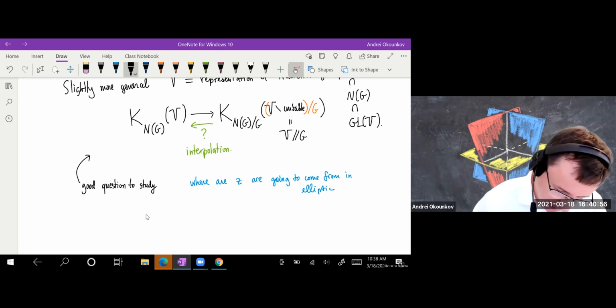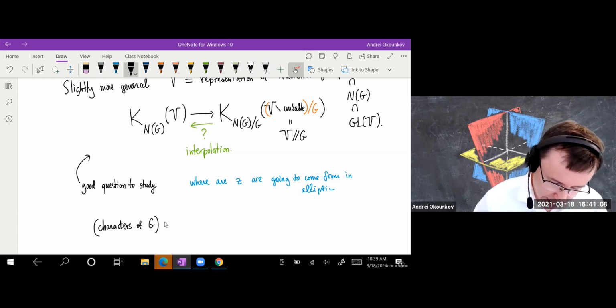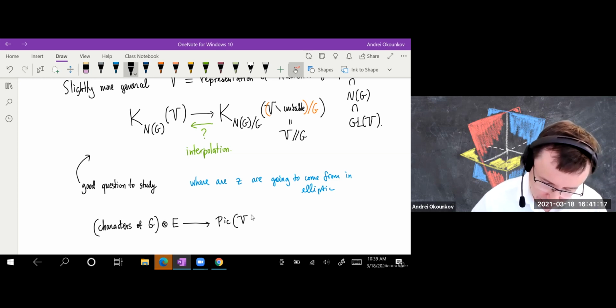And I claim that there is a natural map from the characters of G, the group by which you mod out, maybe tensored with your elliptic curve, to Pic of elliptic homology of V mod G.